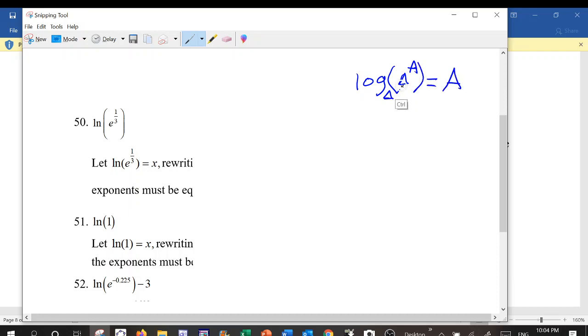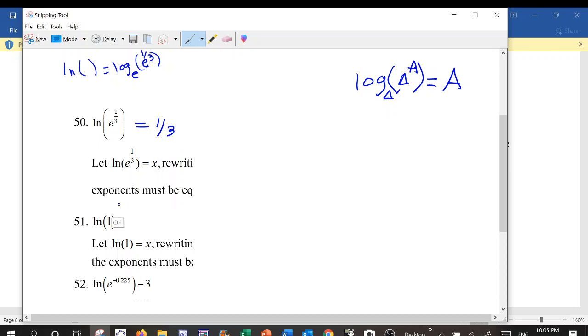Well, if you know about ln, ln of something is actually log base e of something, right? So this is really log base e, and the argument has e to the 1/3. So the answer is 1/3. Remember ln and e cancel each other if e is in the argument of ln.